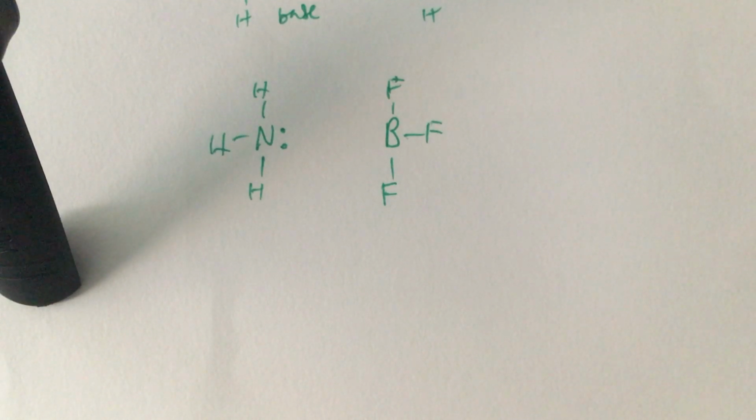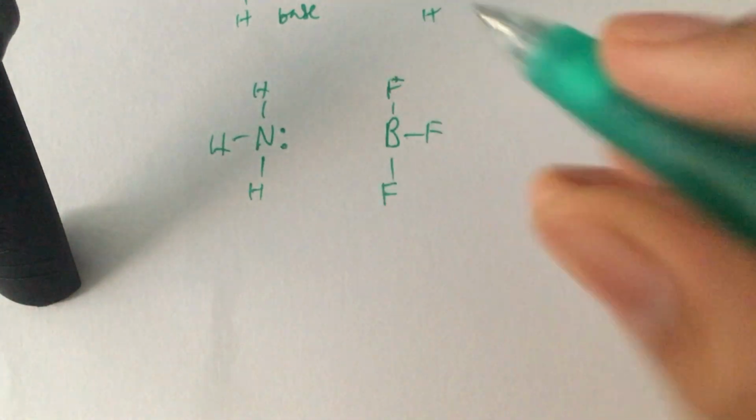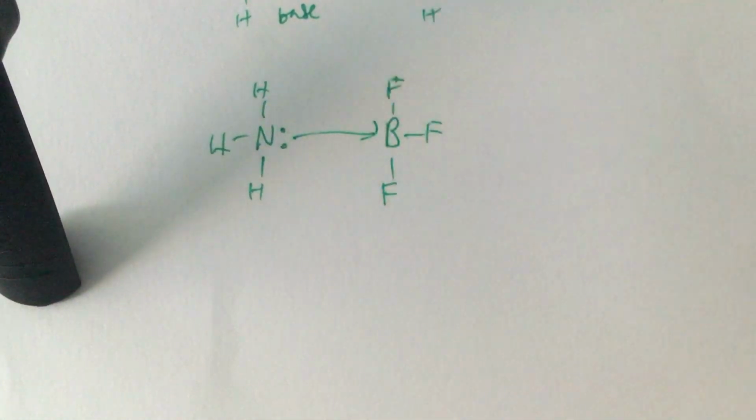You will see that ammonia likes to become the ammonium ion, because the N has a free pair of electrons to do coordinate bonding with. Whereas the boron trifluoride doesn't have enough electrons in the central atom, which is the boron. It only has 6, so it can accept another 2 electrons.